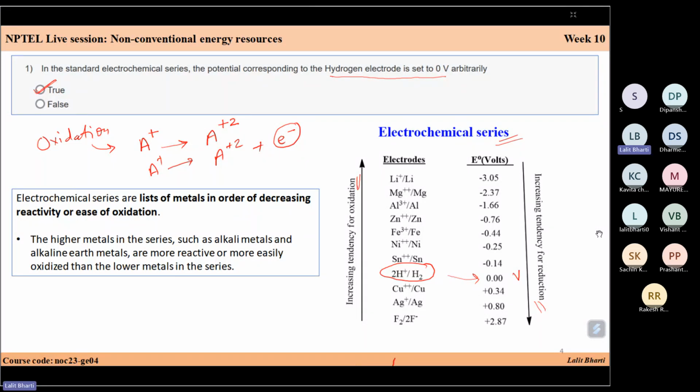Okay. So this is our question 1. This is based on the electrochemical series. So let me start with the importance of electrochemical series.